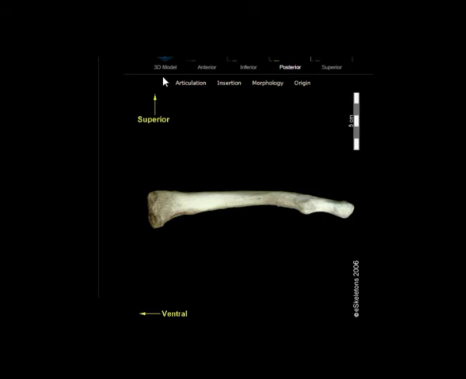In the posterior aspect, we have articulation of the sternal facet and insertion of the trapezius muscle, and we have the morphology of costal tuberosity and conoid tubercle view, and the origin of the sternocleidomastoid muscle here.